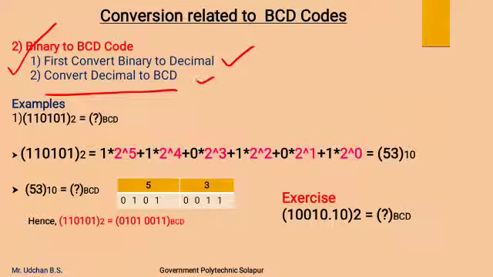We already studied how to convert a given binary number into the decimal number. That is, we can write the positional weights for each of the digits in powers of 2, add all the product terms, we will get the decimal number, and after that we can easily write a BCD code for the decimal number.